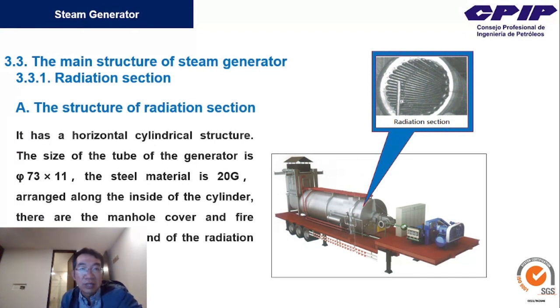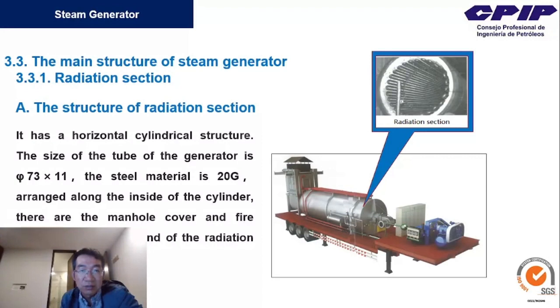3.3 The main structure of the steam generator. The first one is the radiation section. The structure of the radiation section: it has a horizontal cylindrical structure. The size of the tube of the generator is 73 by 11.